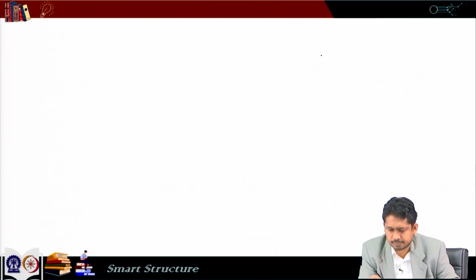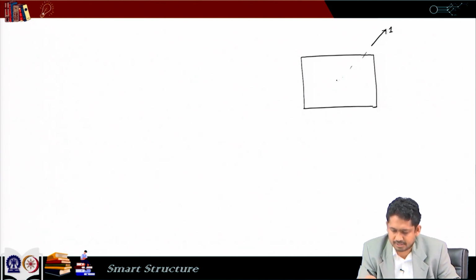And then we are joining them. So, let us imagine that we have a ply, and the ply has direction 1 in this direction and direction 2 along this, and it has the x axis here and the y axis here.